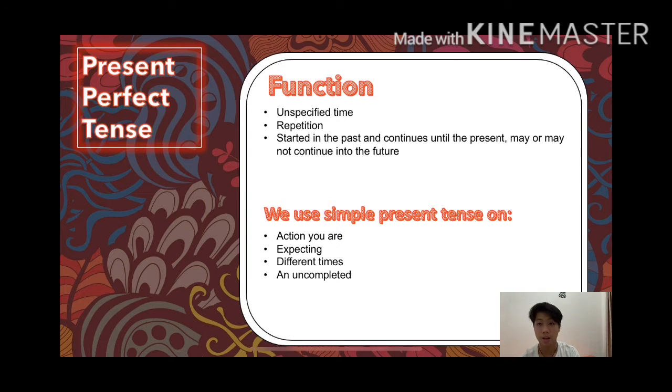The function is unspecified time, repetition, start in the past and continue until the present, may or may not continue in the future. We use it for: first, one action; second, expecting; third, different times; the fourth, incomplete.